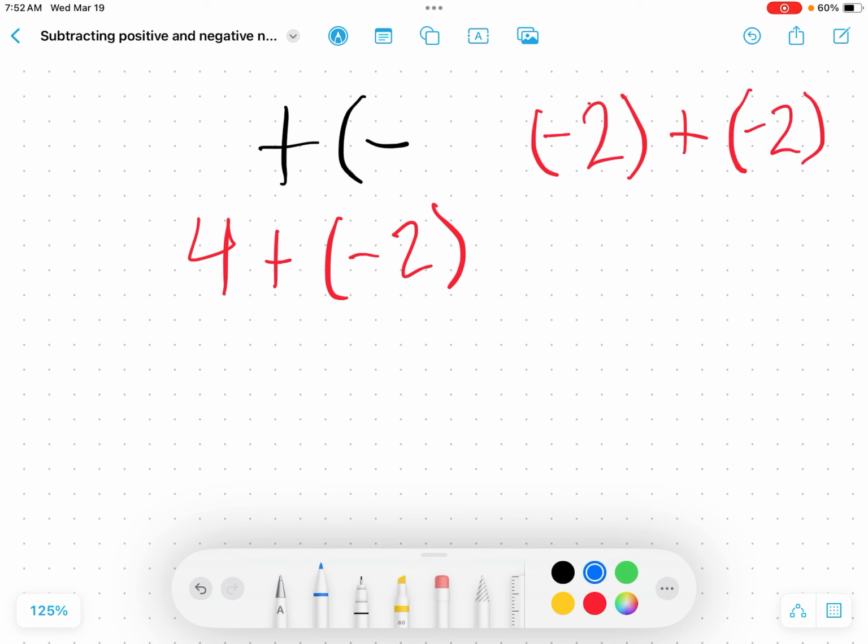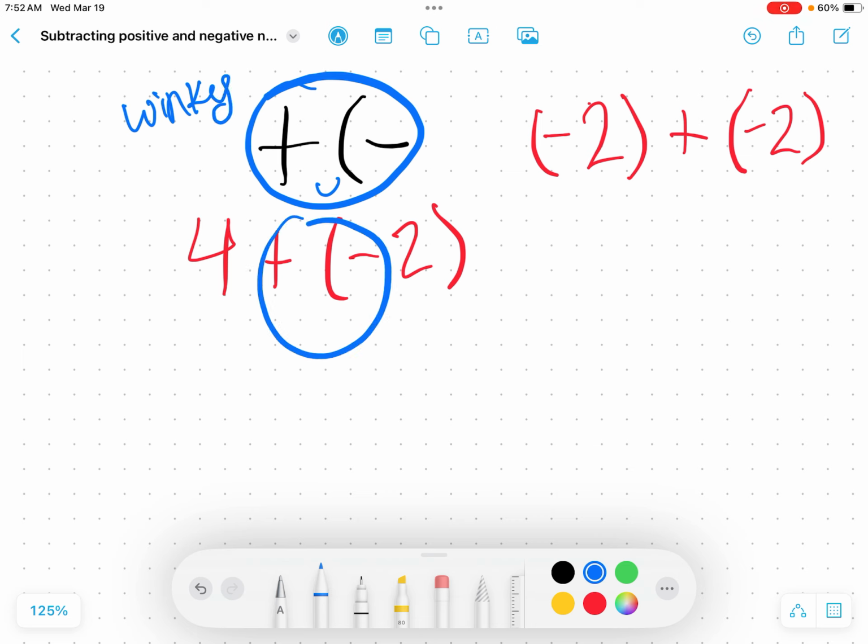But whenever you see this sign right here in the middle, it's going to be that winky face right there. Winky face, he's happy, and you make that circle, the whole winky face goes away, and that makes him very, very sad indeed, which puts us at 4 subtract 2, which gives us positive 2.